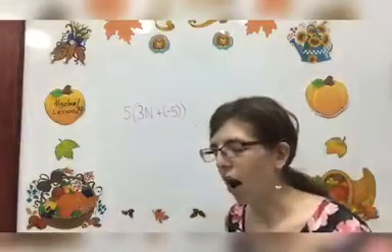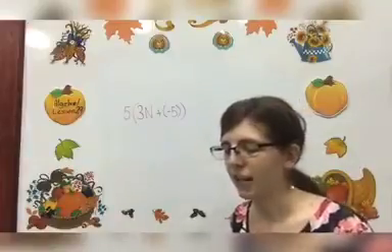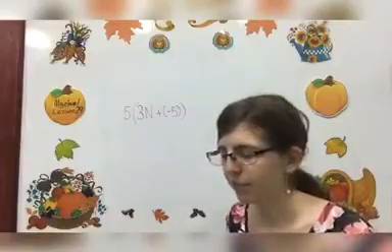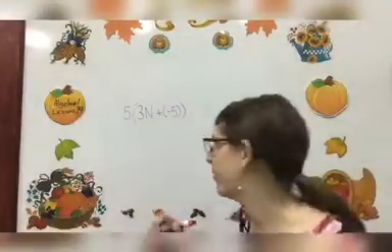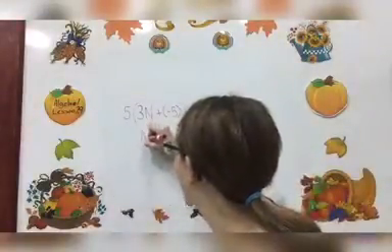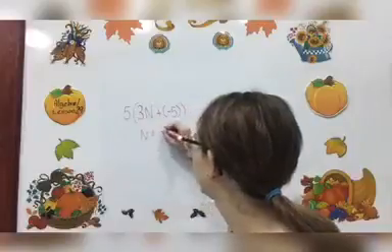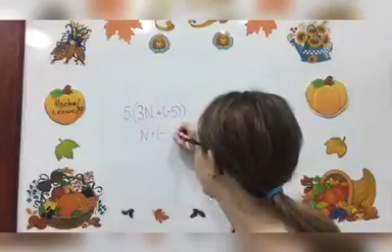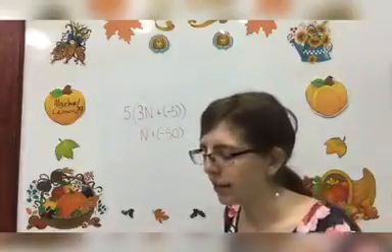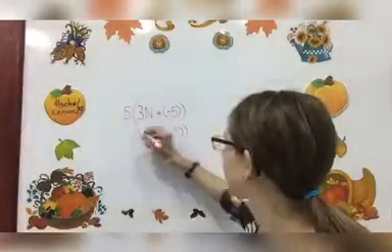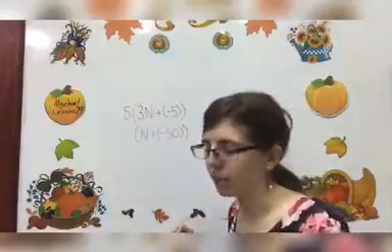Letter B, the product of 3 and the sum of a number and -50. So it's 3 times the sum of a number and -50. So n plus -50, that's your sum. Then we enclose that in parentheses because we're multiplying that by 3.